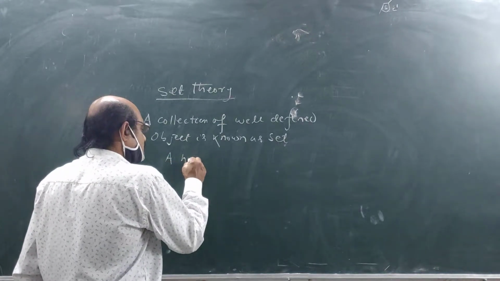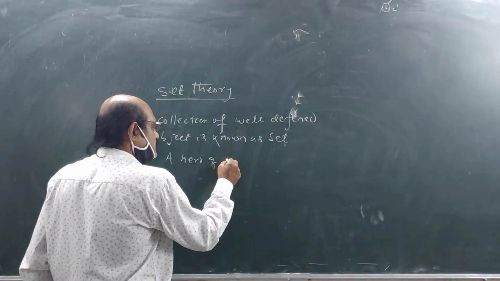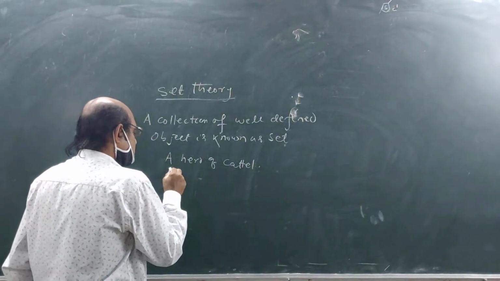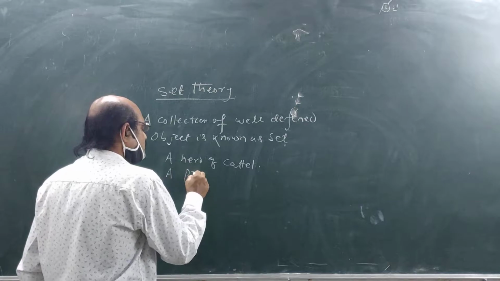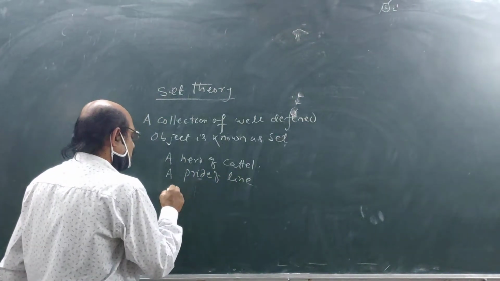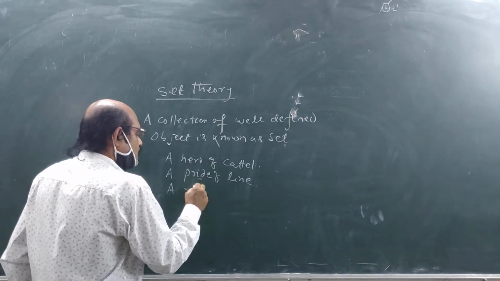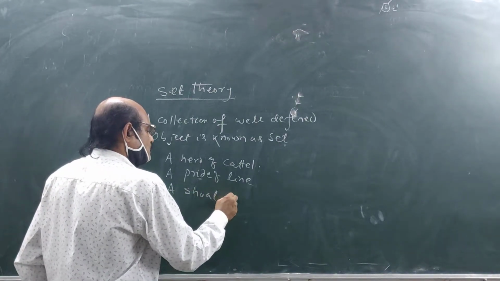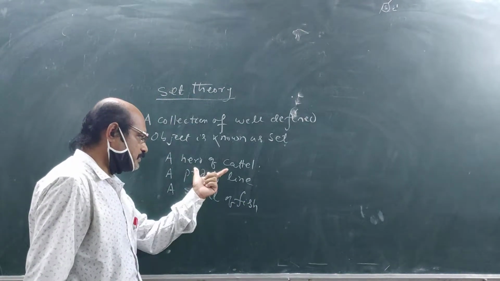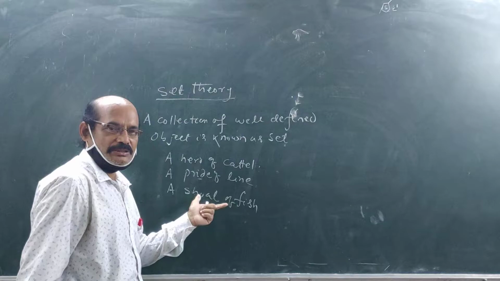For example, a herd of cattle, a pride of lions, a shoal of fish. This is a collection of something.